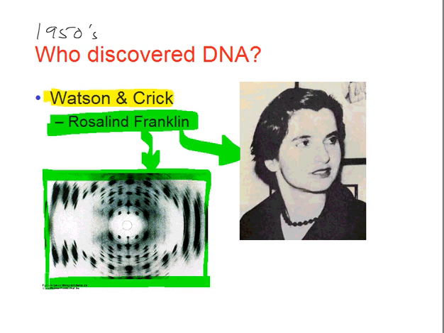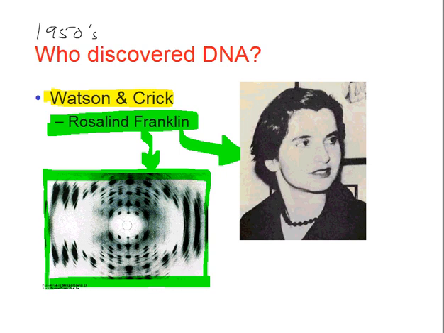Based on seeing this picture on her desk, and they didn't have permission to look on her desk, they were able to finally figure out what they couldn't understand about the structure of DNA. That is that it forms a double helix that twists around each other with the nitrogenous bases joining in the center.